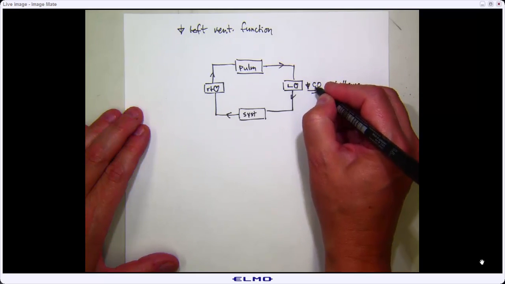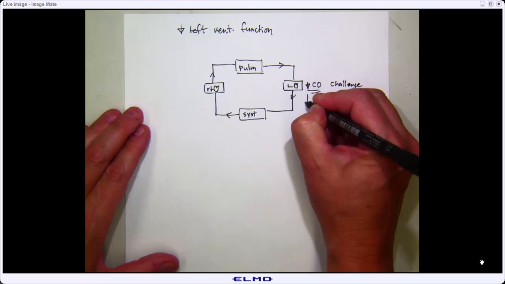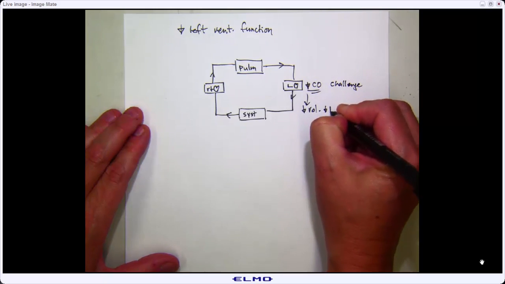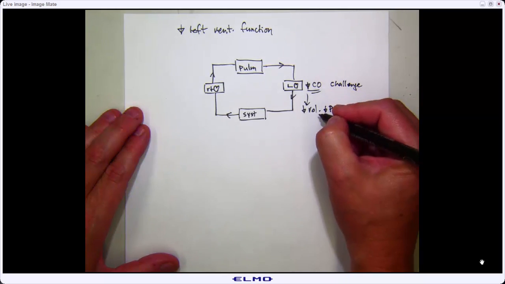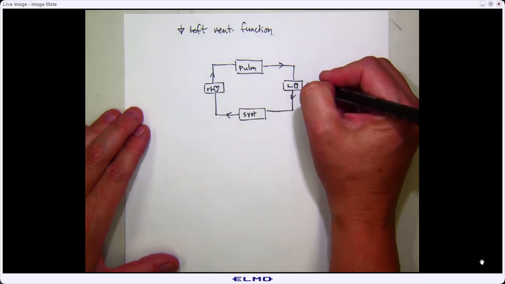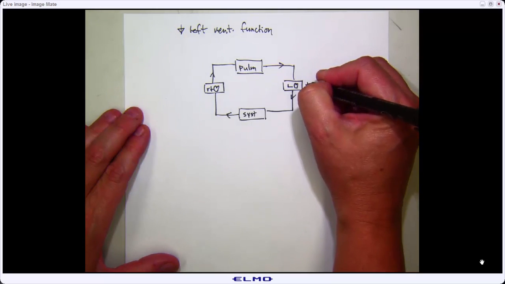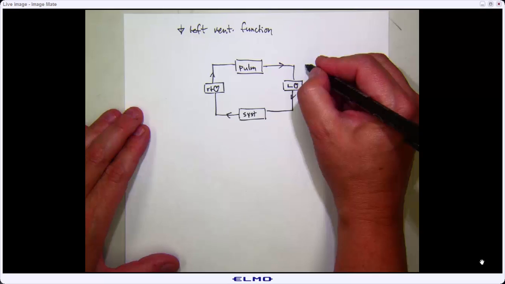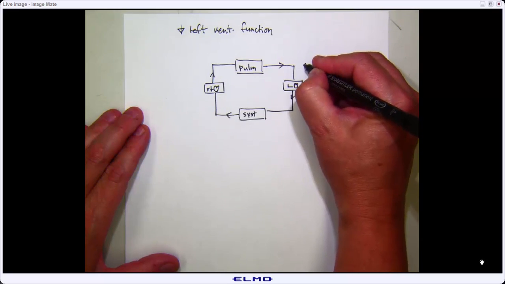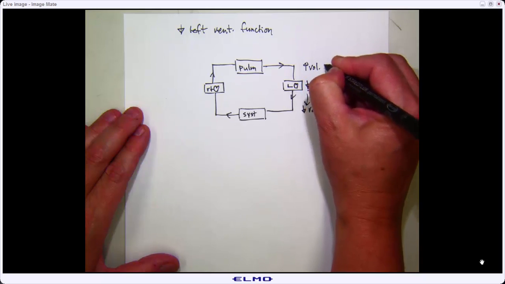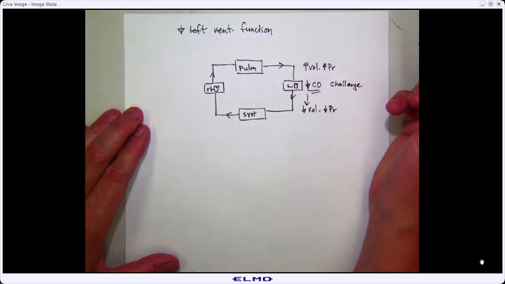Because of that decrease in cardiac output, I'm going to have a decrease in volume and a decrease in pressure in the systemic arteries because I'm putting less volume into there, and I'm taking less volume from the pulmonary veins. So here we're going to experience an increase in volume and an increase in pressure.